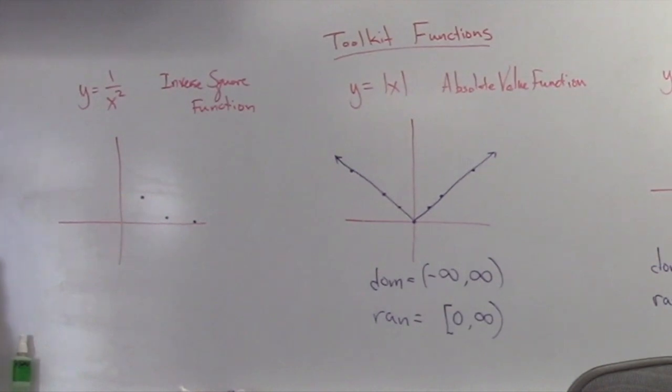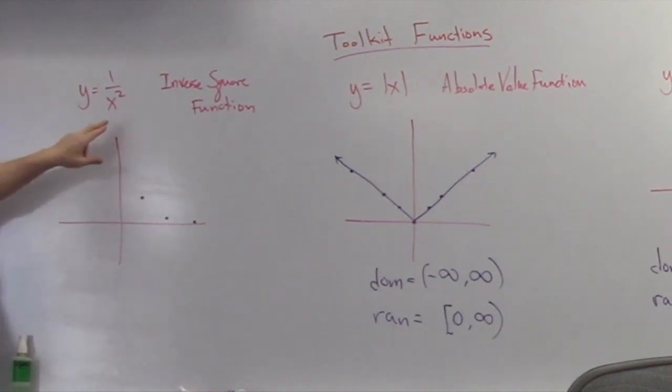Can you think of a fraction for x that'll work? What about a half? Yeah. If x equals 1/2, what is y? 4. So you should be thinking like this: first square it, then take the reciprocal. If you take 1/2 and square it, you get, what's that? 1/4.